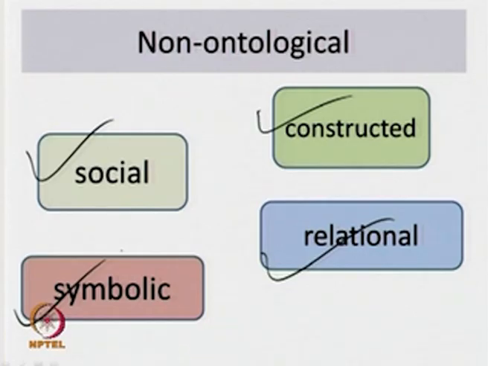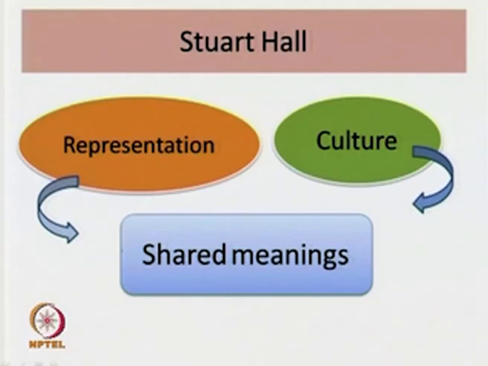By now I think we have discussed this enough, the constructed bit of it, and in some other slides I may come back to it as some other critics have talked about it. Now, again Stuart Hall. If you look at the slide, Stuart Hall says that both representation and culture have to do with shared meanings.